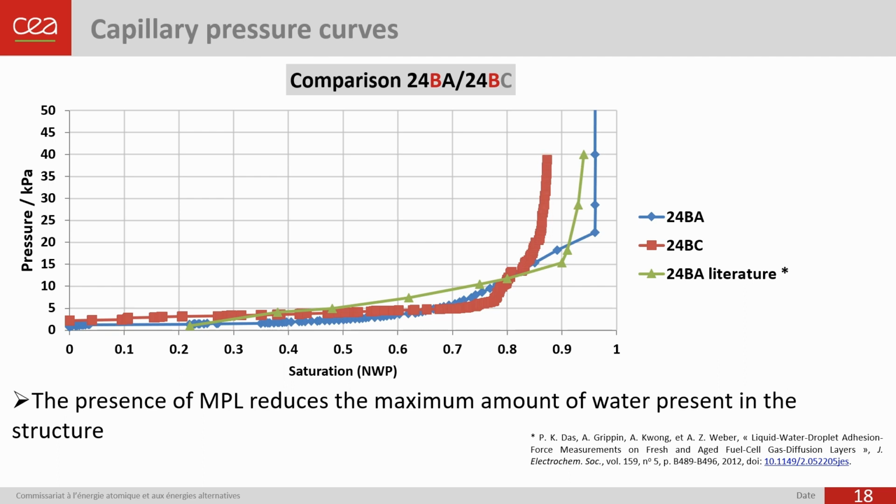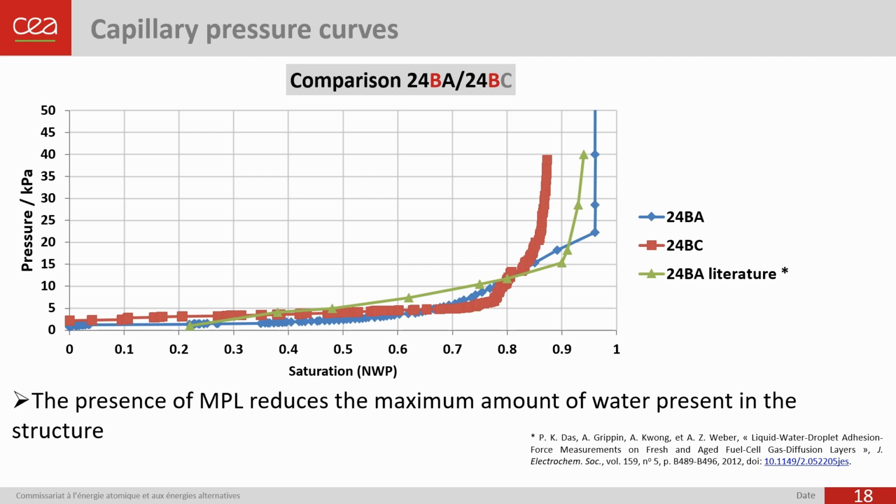We can see that the maximum amount of saturation is reduced when there is an MPL. So that could mean that the MPL helps to prevent water from flooding the entire structure. It is a positive effect on the GDL for its application.